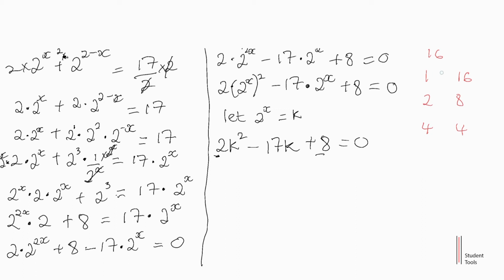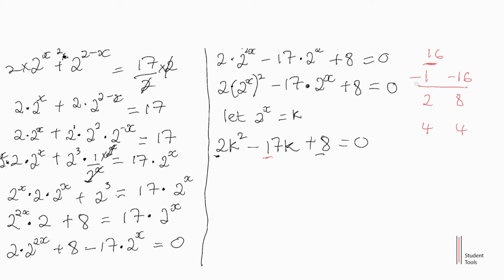We have to pick a pair which will give us positive 16 when we multiply the two factors. But those factors have to give us negative 17 when we add them together, which is the coefficient of k. So I think we will use this pair, but both factors have to be negative.